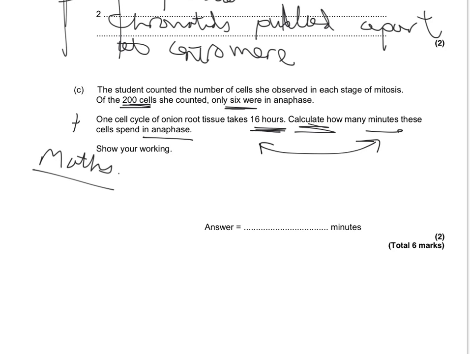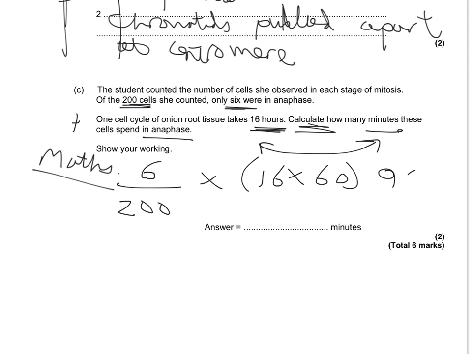Well, first of all, you've got to work out the proportion of cells that are in anaphase at that particular time. That would be 6 divided by 200, and then you've got to convert 16 hours into minutes. So 16 times 60 gives me 960.